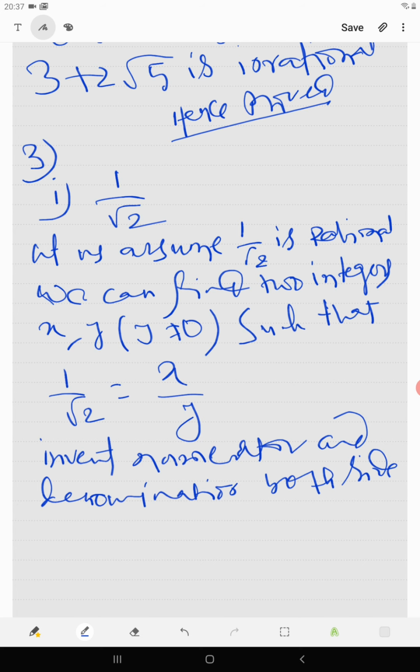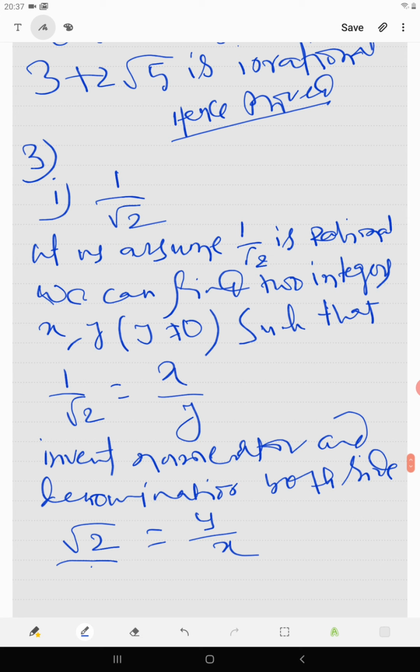If you are doing some operation on the left hand side, you must do it on the right hand side also. What I am doing is, either you can say invert the numerator and denominator, or divide LHS and RHS by 1. I mean 1 divided by LHS, 1 divided by RHS, the same thing. So we can write it as root 2 equals y by x.